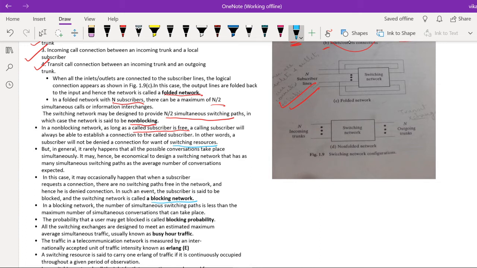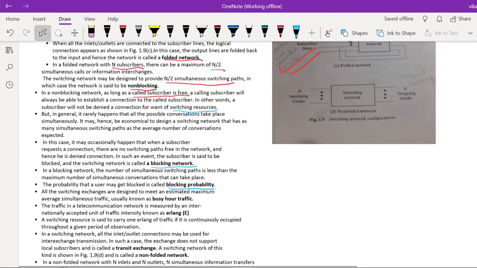And the blocking probability, a very important term, is the probability by which the user gets blocked. This should be very low for a good exchange. A good exchange should be designed such that its blocking probability is very, very low. The design parameters should be handled very carefully. All switching exchanges are designed to meet the maximum estimated simultaneous traffic, and that is called busy hour traffic.